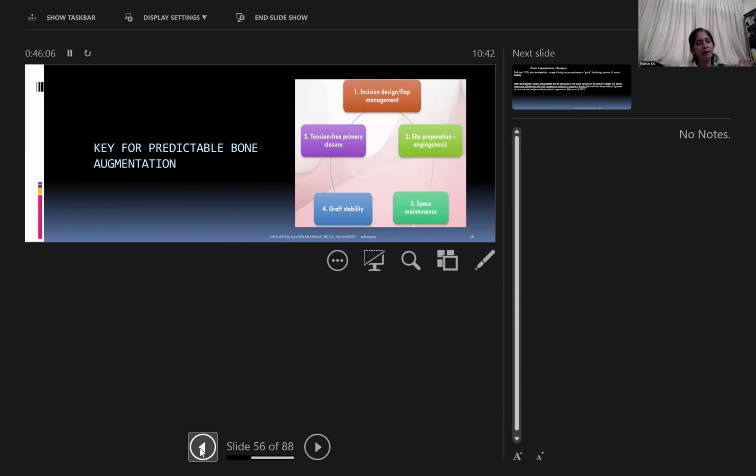If there is a small amount of keratinized mucosa, you're going to go more cervical, more horizontally releasing as you go towards the apical part of the tooth. And always, whenever you have the site, prepare your site properly so that there is enough angiogenesis. So decortication adjacent to the implant residual bed is mandatory.